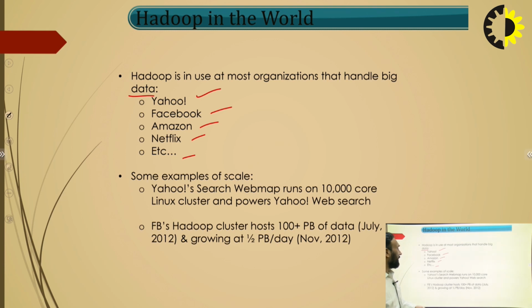As I said earlier, what size of data is handled in Hadoop? For example, the Facebook Hadoop cluster hosts 100 plus PB of data as of July 2012 and was growing at half a PB per day in November. It is data available on a website that I put into a slide as an example to show how large a size of data is processed in Hadoop and why we require Hadoop.